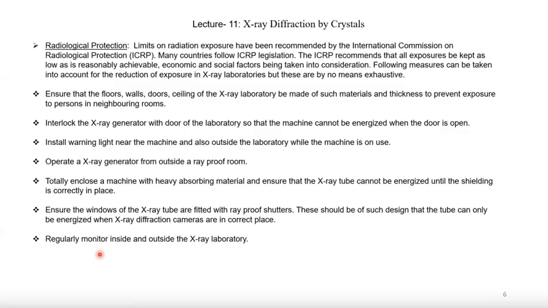Regularly one has to monitor this badge, so it was sent to the International Commission for Radiological Protection. And immediately a telegram came back asking whether the person was still alive. So don't make any foolish attempt while you are working in the X-ray lab. This is a warning.